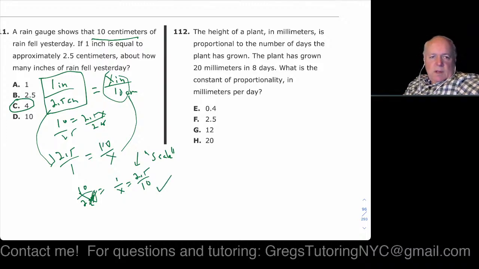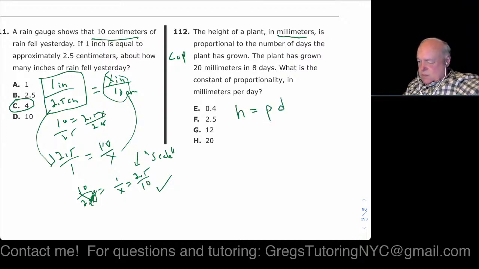Okay, 112. The height of a plant in millimeters, do we have to do a conversion? Is proportional to the number of days the plant has grown. Heads up, constant of proportionality, right? So the height of a plant is proportional to the number of days the plant has grown.